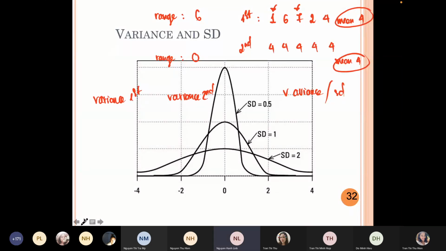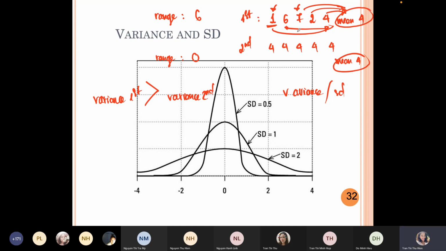The first group is greater than the second one. Yes, it is the correct answer. Because you can see the difference between each observation here, 1 compared with 4, 6 compared with 4, 7, 2, and 4. But for the second group, each observation is quite the same compared with the mean. So the variance is the difference, the variation.